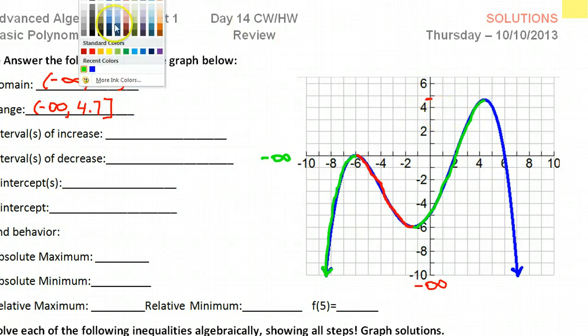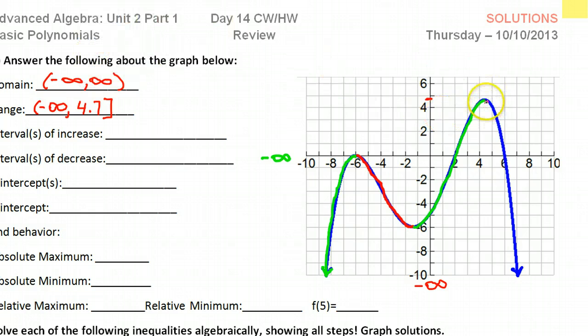And then it changes again, and I find myself once again going downhill. And as I continue on to positive infinity. Again, ignore the fact that it's going down. I'm going from left to right. So I'm going from negative infinity to positive infinity.